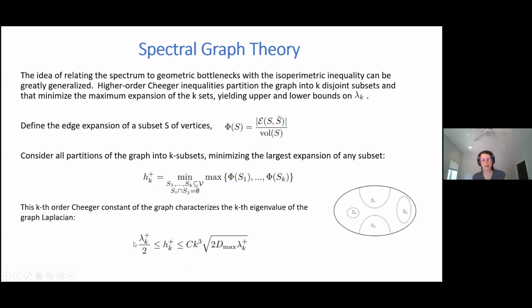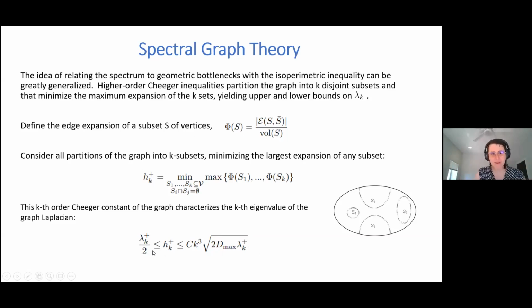And so you can see what this is telling you. Let me give the intuition: these subsets of low expansion are capturing bottlenecks in the state space. If you think of the random walk on the graph, these are sets that are very hard to escape. They take a long time to escape because they have a large amount of vertices inside of them and relatively few edges leaving them.